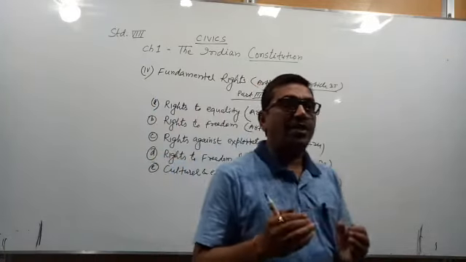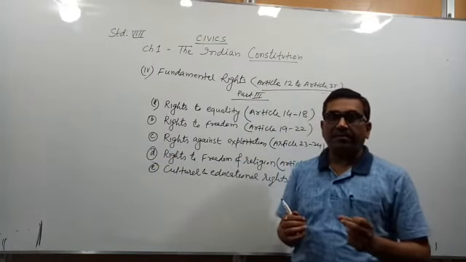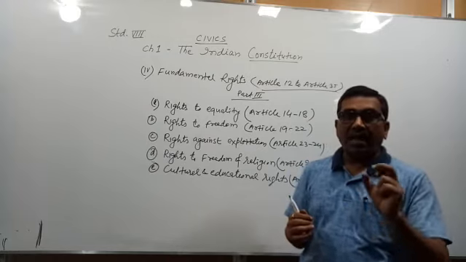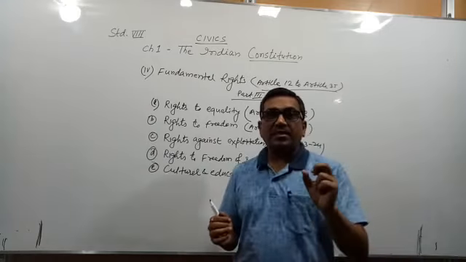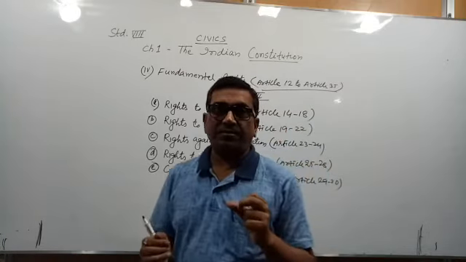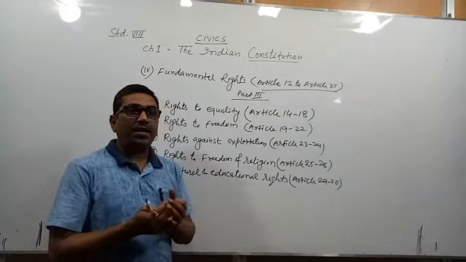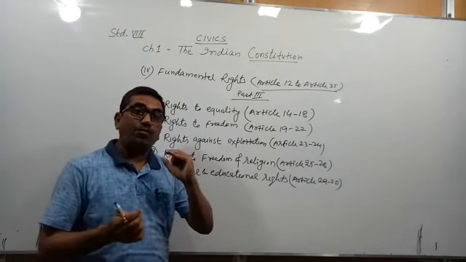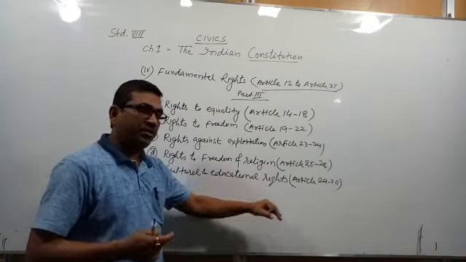Minority groups have the right to protect their religion. DAV, Dayanand Anglo-Vedic Vidyalaya, is established by the Arya Samaj. Since they are a minority, they have the right to promote their religions. It comes under cultural and educational rights.